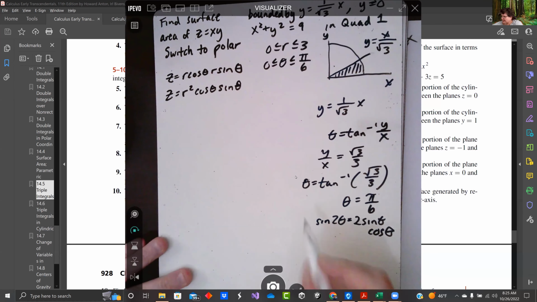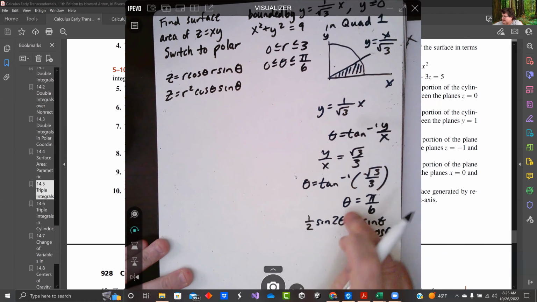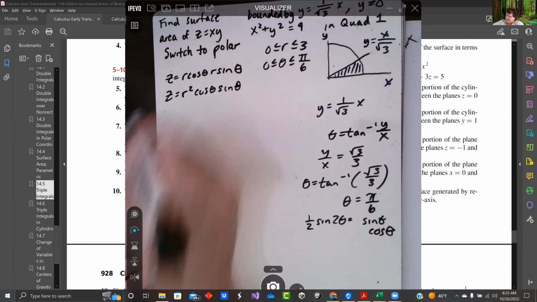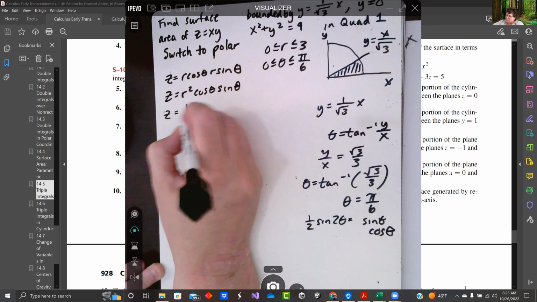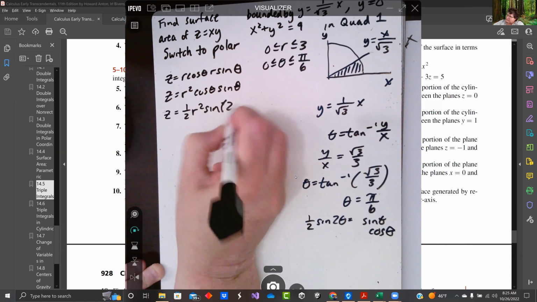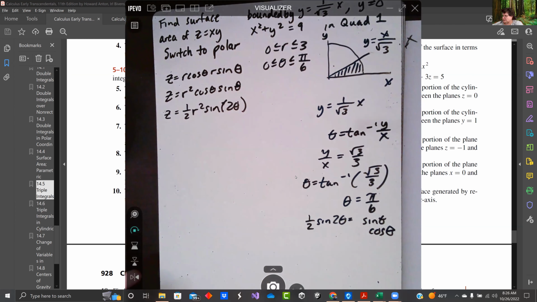So if we multiply by 1/2, we get 1/2 sine of 2 theta equals sine theta cosine theta. And I could make this z equals 1/2 r squared sine of 2 theta. We're getting there. We got our stuff in polar.